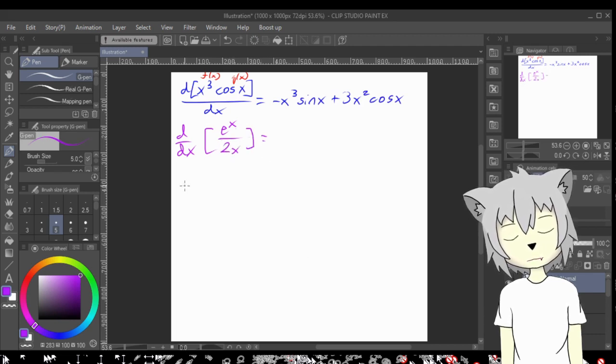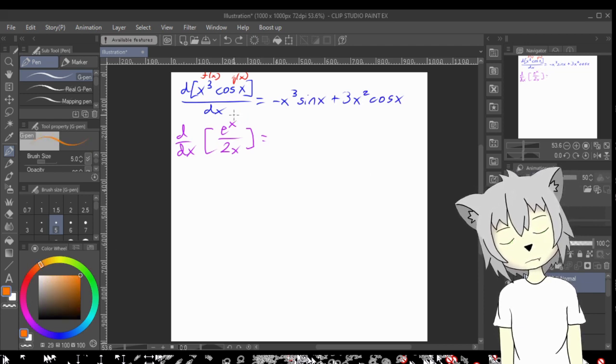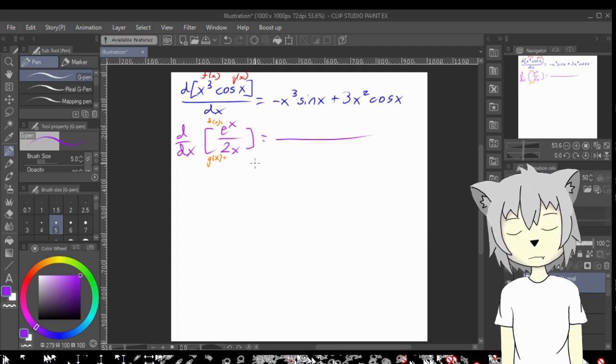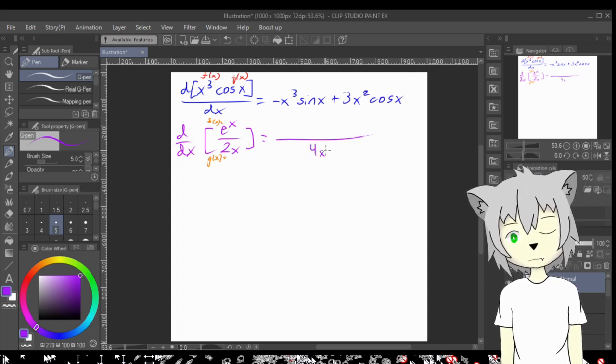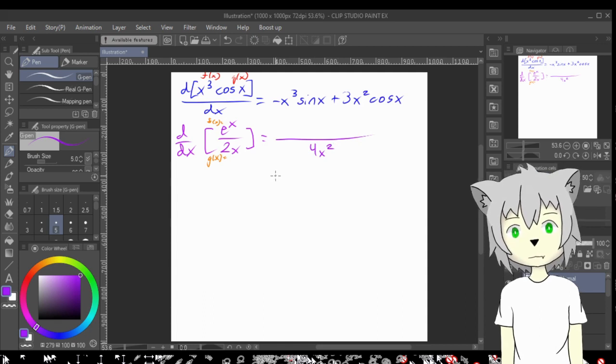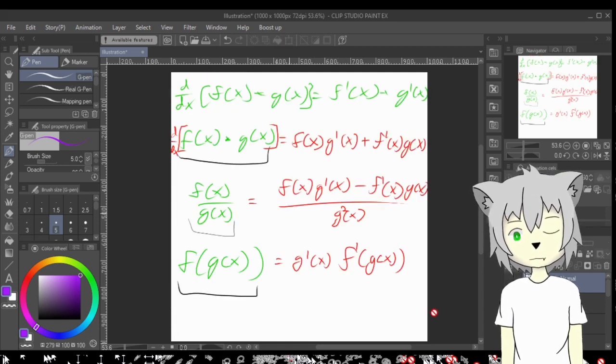That is basically equal to, let's say again that this is our f of x, and this is our g of x. We will then do the little wild thing. We can do the bottom one first. This is basically 4x squared, because it's less convoluted, because take a look at all this.